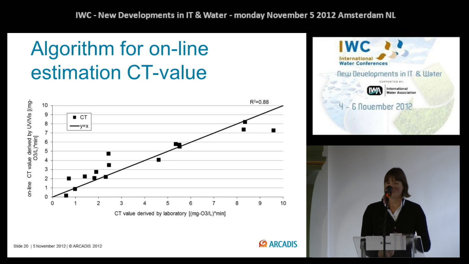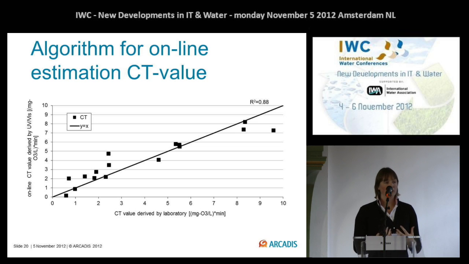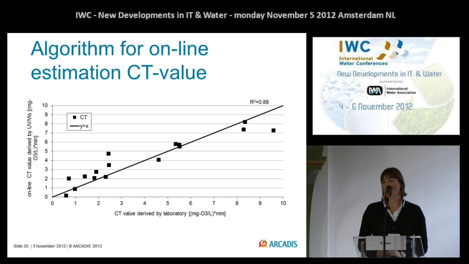This will help us because when we want to control our ozone dosage and determine our CT disinfection parameter, normally in a full-scale plant you only have one small measurement, for instance of the ozone in water concentration immediately after dosing, and that's already quite small. So it's pretty difficult to determine your CT value based on only that measurement. Based on this, we have a more accurate indication of the CT value which has been achieved.